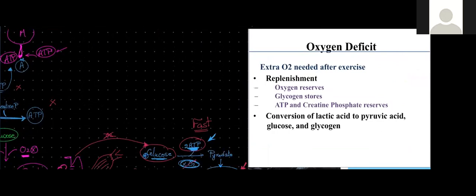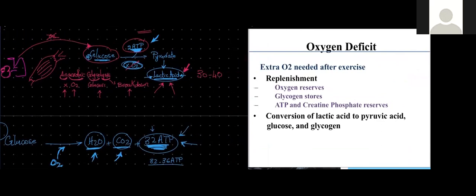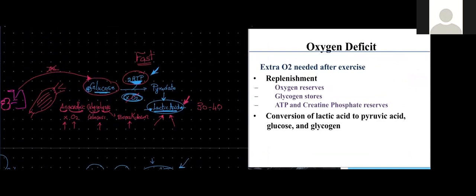So this sprint, when I'm done running the sprint for 40, 60 seconds, would I be breathing faster or slower? What do you think? Compared to if I'm running a marathon.